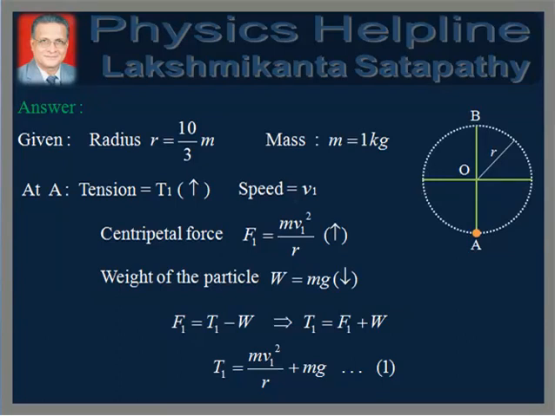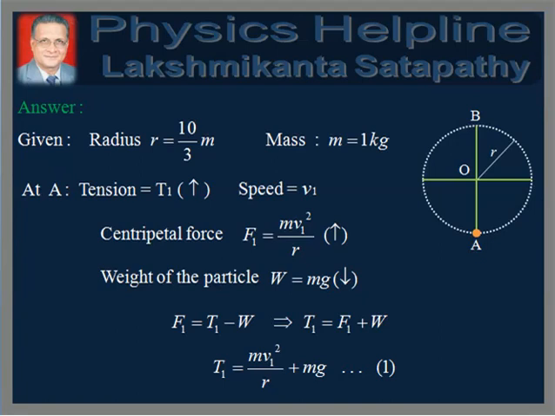It is given that the radius of the circular path r is equal to 10 by 3 meters and mass of the particle m is equal to 1 kg. When the particle is at the lowest point A, as shown in the figure, let the tension in the string be T1, which acts upwards.